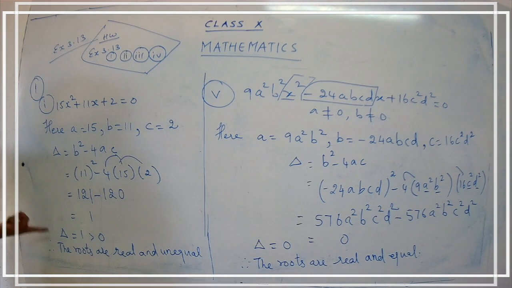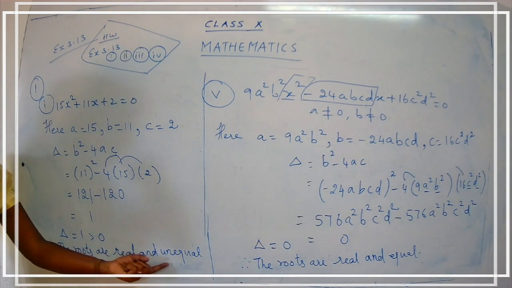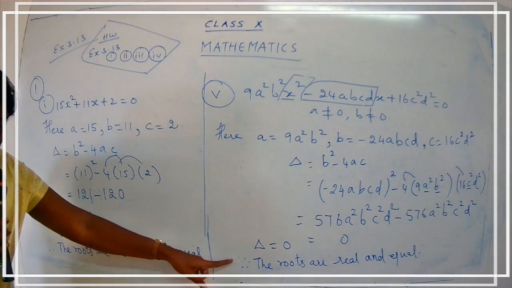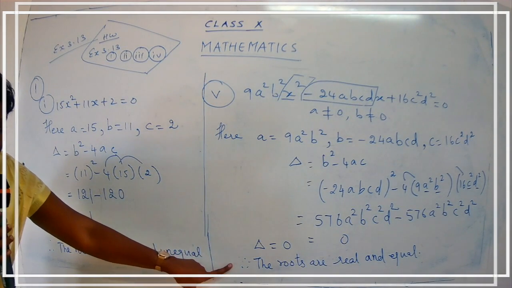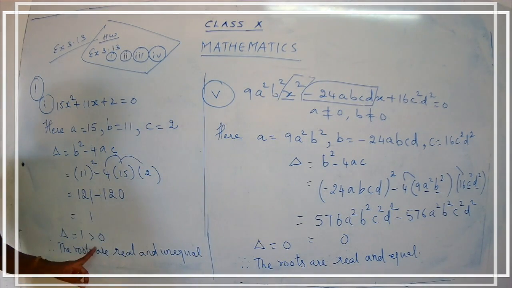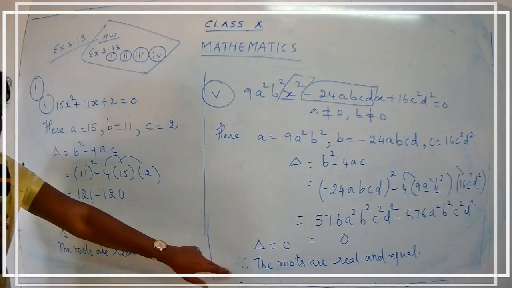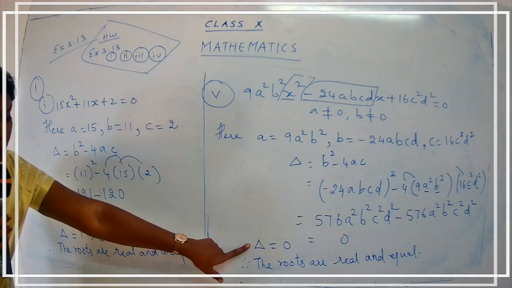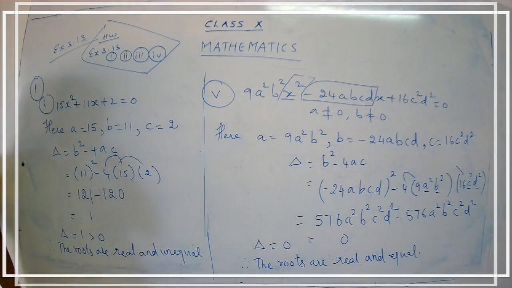If delta is greater than 0, the roots are real and unequal. And if delta is equal to 0, the roots are real and equal. See the changes, children. Greater than 0, real and unequal. Real and equal if delta is equal to 0. And if delta is less than 0, you have to say that there is no real root.